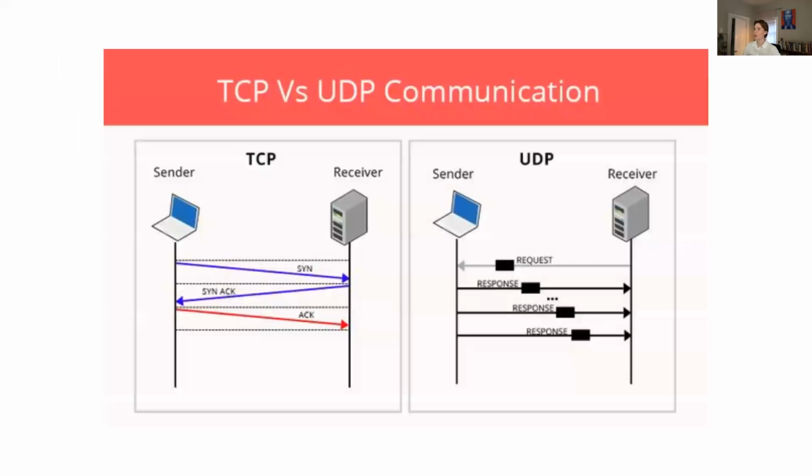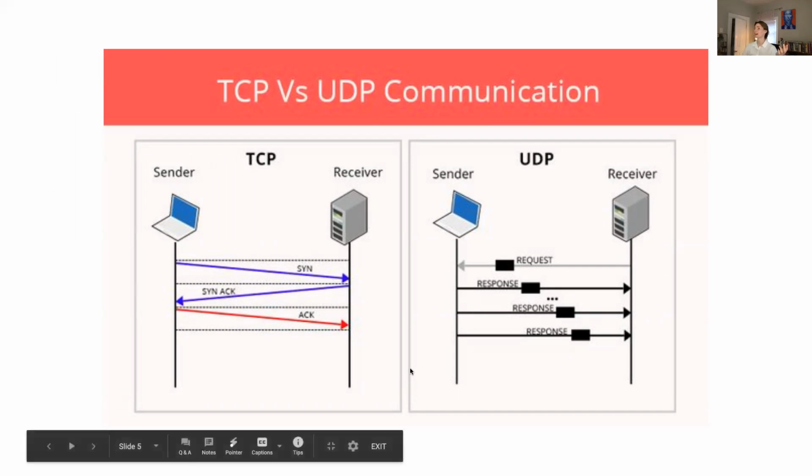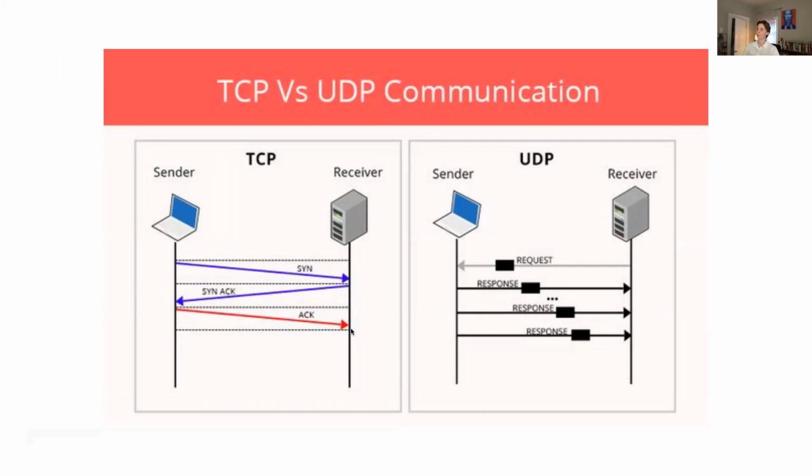So with that comparison in mind, this is just a brief visualization of the two. So the client will send something to the server, and then the server acknowledges that you requested a data transfer, and then you acknowledge that you've received the data back from the server.